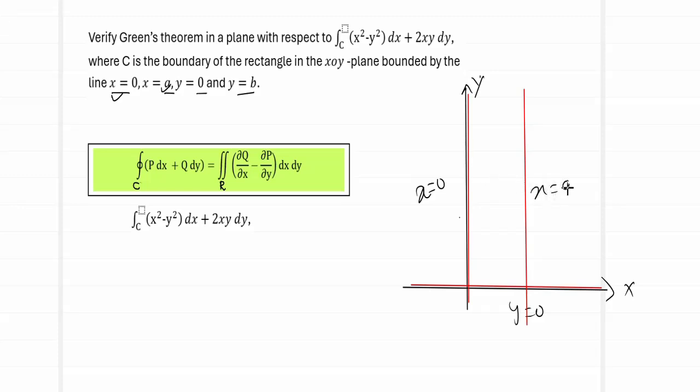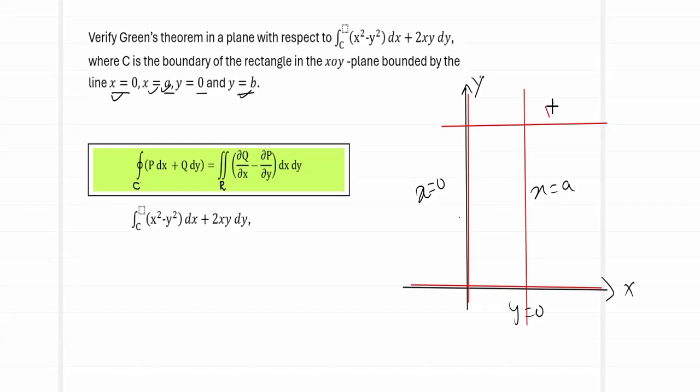So I have got the third line also, and the last one remaining is y equal to b. a and b are different, so don't make it into a square. Let us make it into something that resembles a rectangle. So instead of taking the same length, let me take a bigger length. So let me take this to be the line y equal to b.